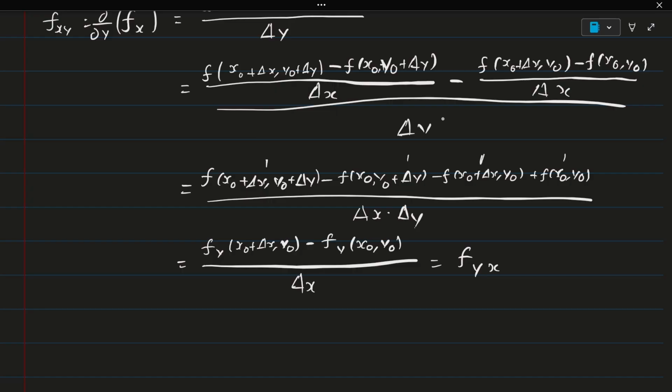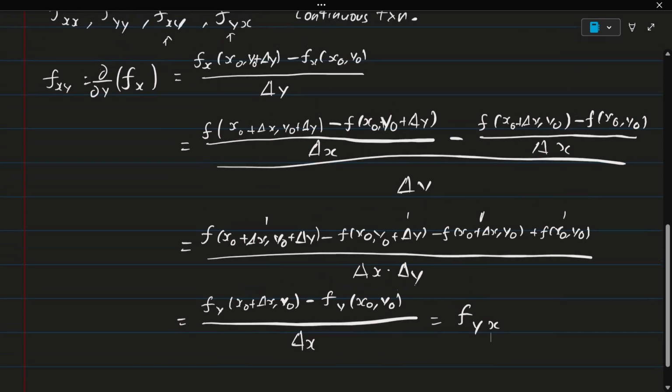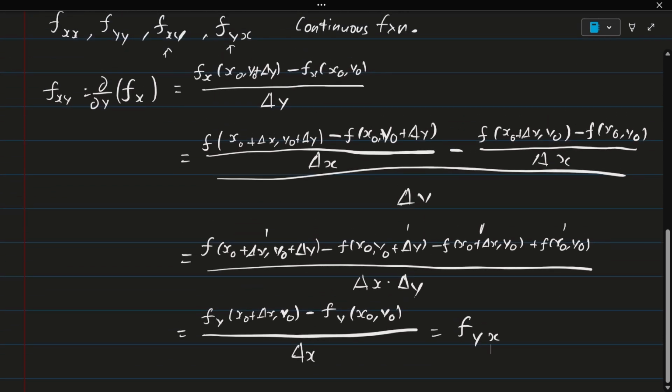So this is a very cool relation in which if you have a continuous function, you could do something like this. And this is very important: the way that I write it like this only works if the function is continuous. And why is that the case? If the function is not continuous, what you would have, f at x0 plus delta x, y0 and f at x0, y0 plus delta y, would have totally different counterparts, in which if you move delta x first and then delta y, it corresponds to a certain function, but doing it the opposite way could correspond to a different direction.